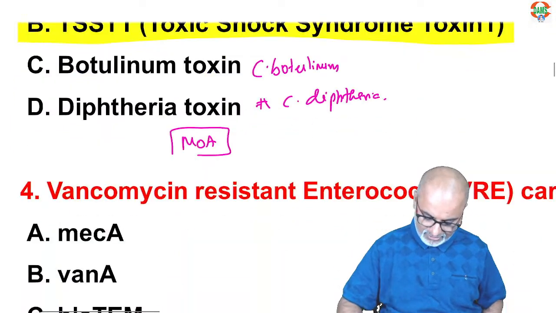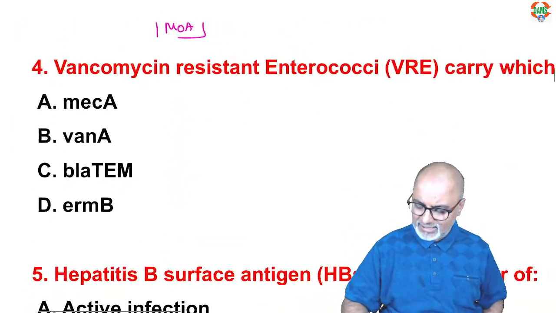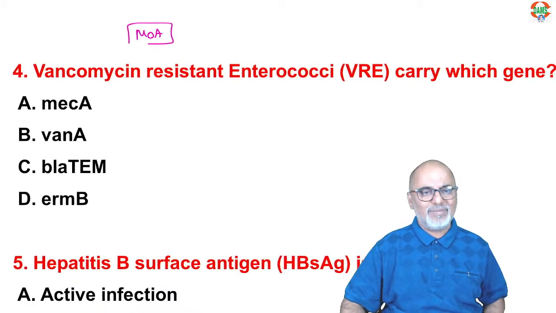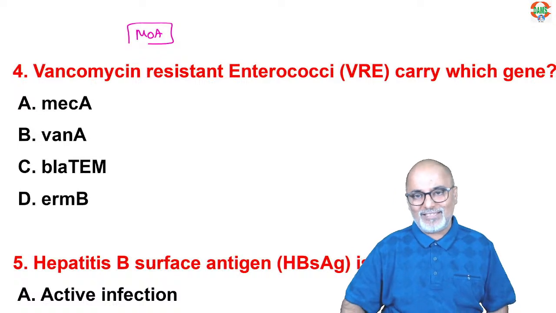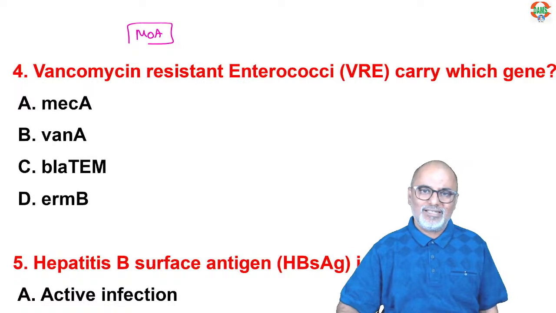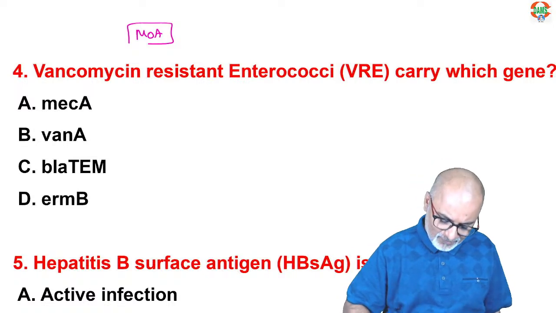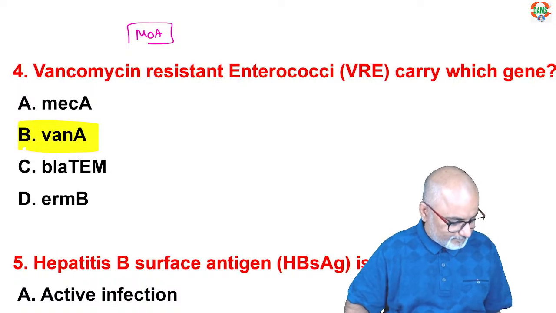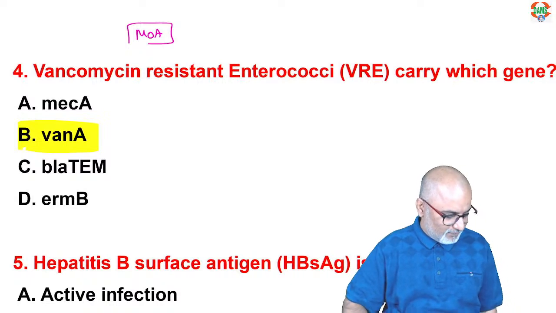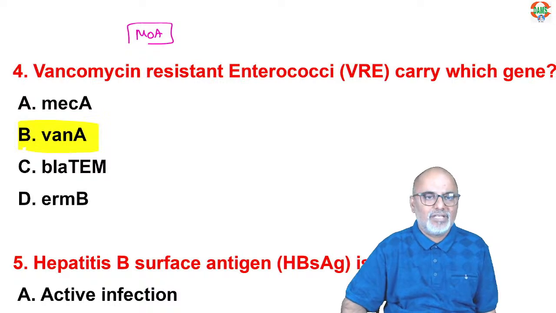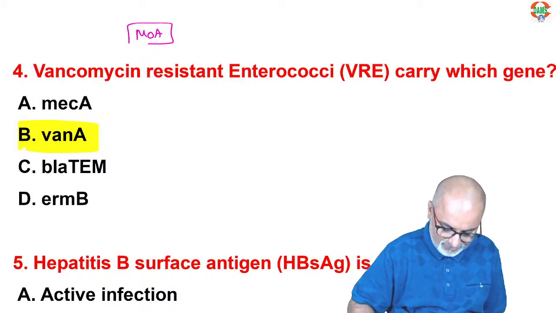Next is: vancomycin resistant enterococci carries which gene? If you see my notes, it's there. I told you enterococci 5 points, and this is one point. It carries the VAN-A gene. Vancomycin resistance is due to the VAN-A gene. MEC-A gene is for methicillin resistance.